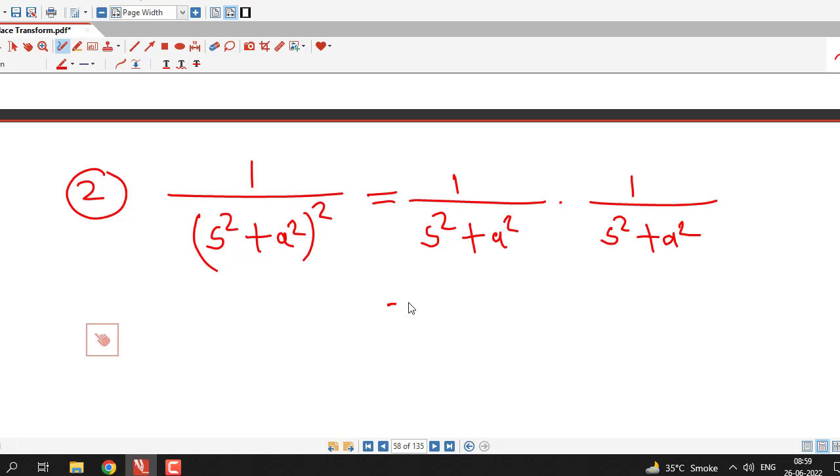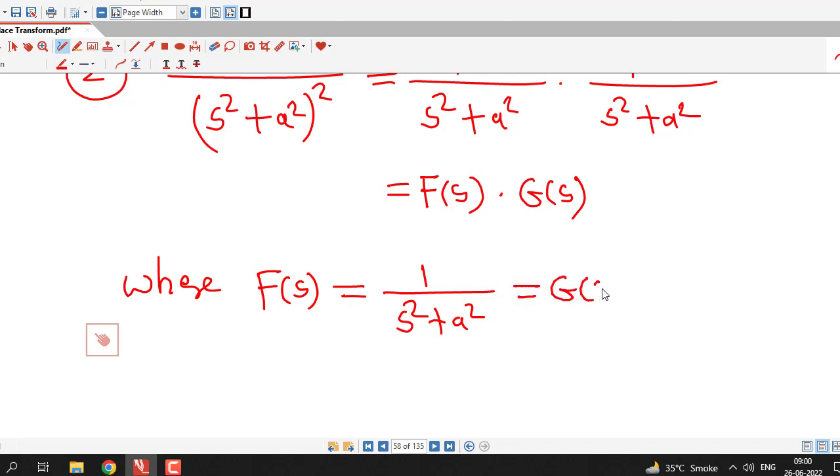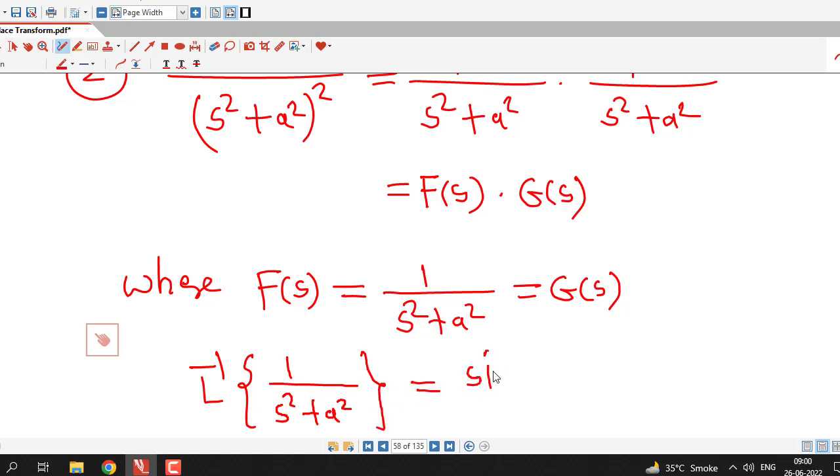Here f and g are both the same function, F of s into G of s, where capital F of s equal to 1 divided by s square plus a square, and this is equal to G of s also, and L inverse of 1 by (s square plus a square) is sin at divided by a. So this is our small f and both are equal, small g.